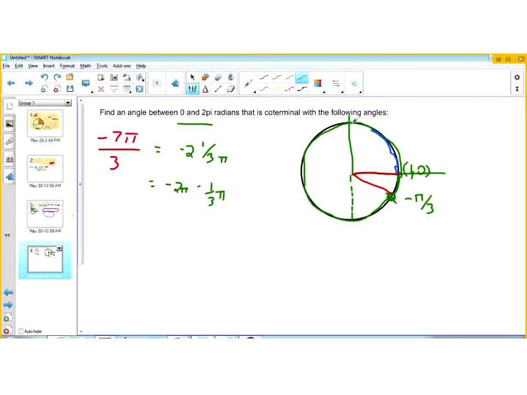Going counterclockwise, we go to pi halves, then here's pi, and then here's 3 pi over 2.